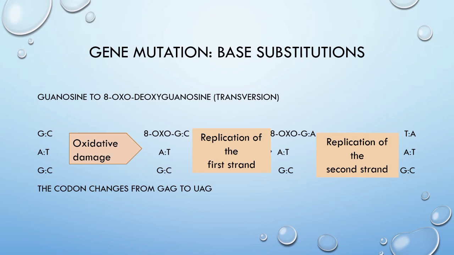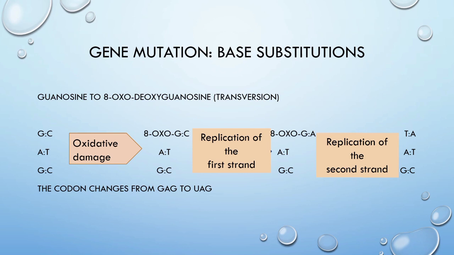Then replication of the first strand, that is 8-oxoguanosine. It then replicates, and then it binds to adenosine. Now this is because 8-oxoguanosine has affinity for adenosine, so it then pairs with adenosine. Now there's replication of the second strand, that A that just came in to pair with 8-oxoguanosine is replicated, and then a TA is formed. T is brought in to pair with the A.